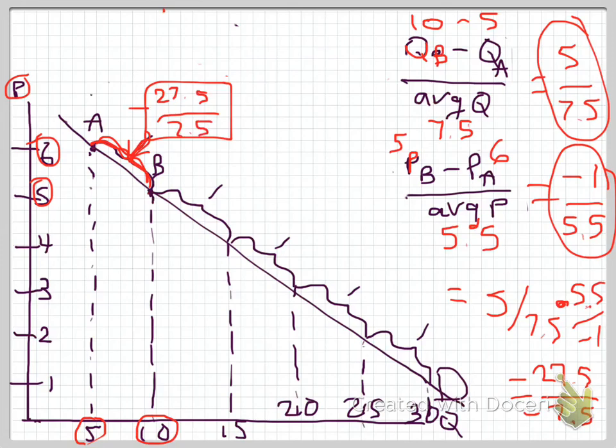So it's going to be a negative fraction.